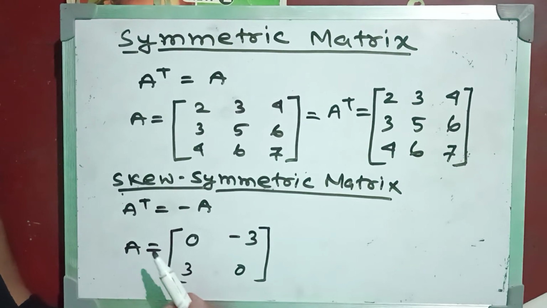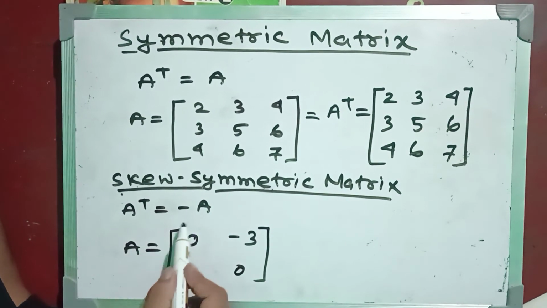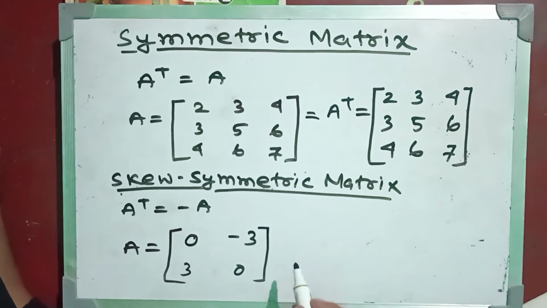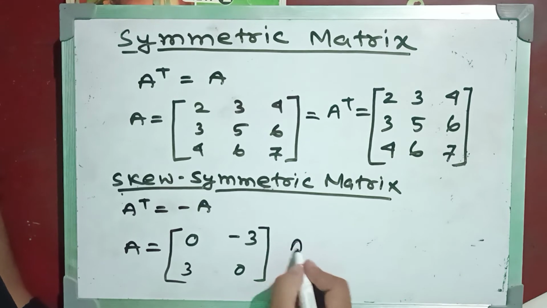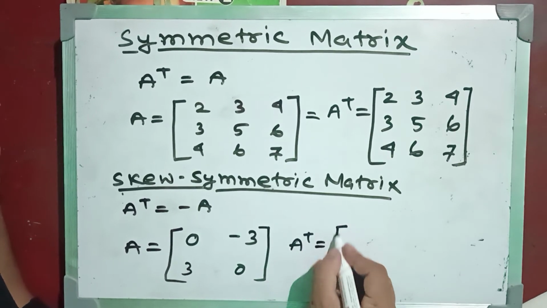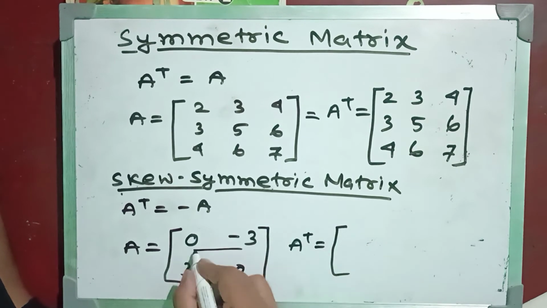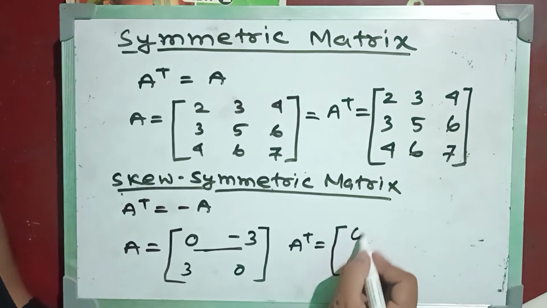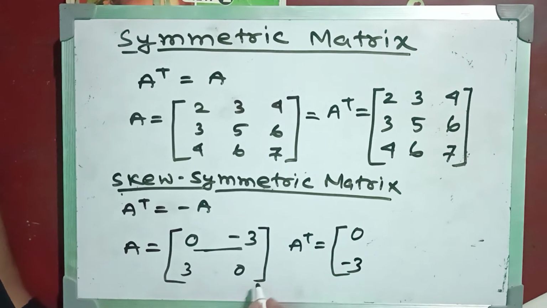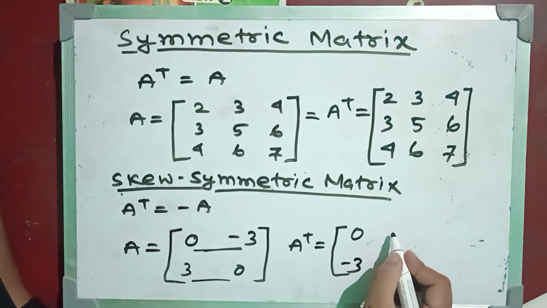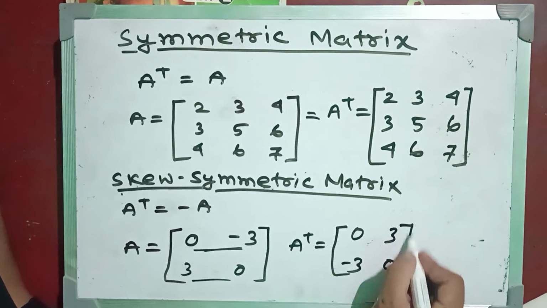What is a skew symmetric matrix? If A transpose is equal to minus A, then it's a skew symmetric matrix. I have taken matrix A here, so A transpose will be, its first row will be the first column, 0 minus 3, and 3 0, its second row will be the second column.